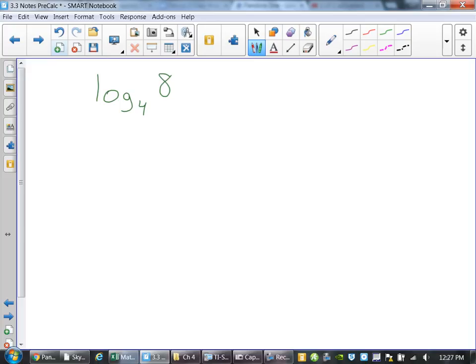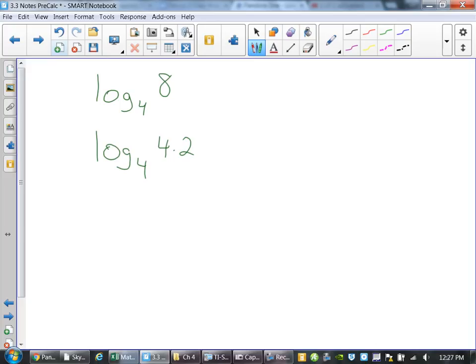Now, think about the properties that we have. We have that log base a of a is 1, and log base a of 1 is 0. 8 is a composite number. Do you agree? Yeah. It's 2 to the 3rd. But look at what your base is. Your base is base 4. So, could I rewrite this as log base 4 of 4 times 2? Yeah.